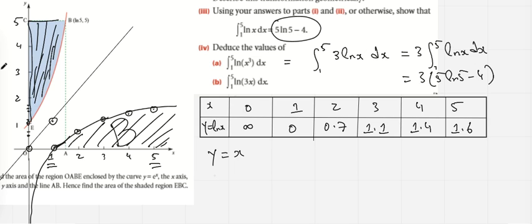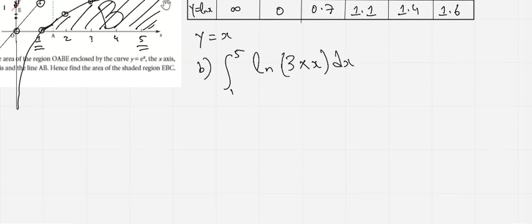Similarly, for your part B answer, ln of 3x means 3 getting multiplied with x, of course. So you are going to use the formula for the log of a product of two values, as you have studied.